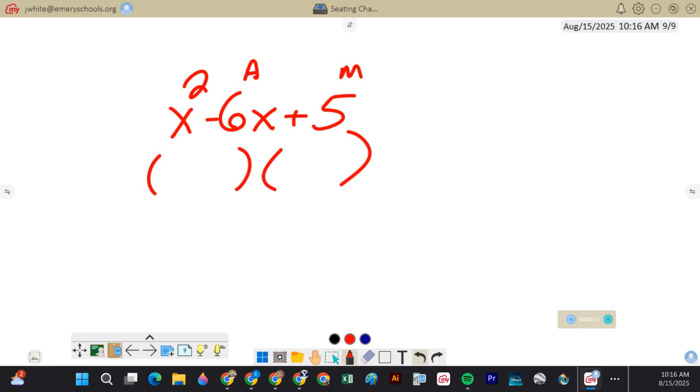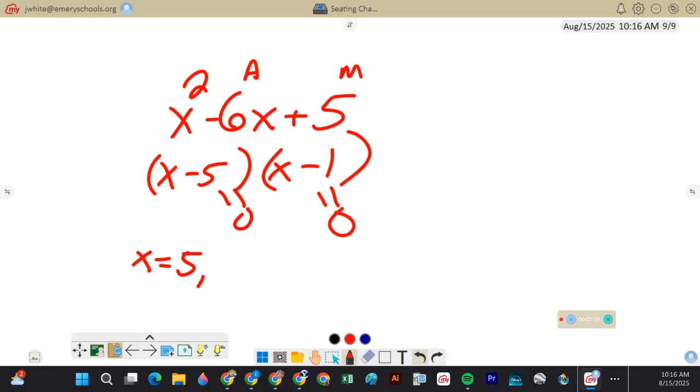Two numbers that multiply to be positive 5 and add to be negative 6. x minus 5 and x minus 1. Okay. Set each of those equal to 0. And we get x is equal to 5 and 1.